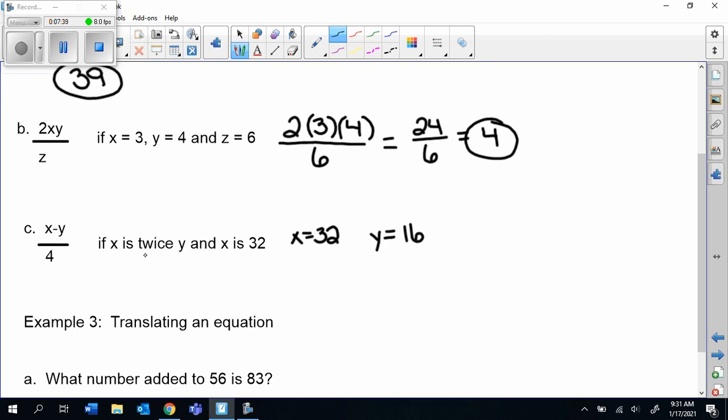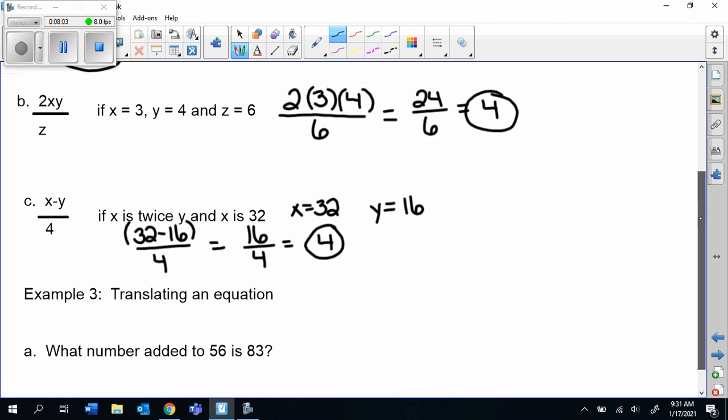And so we can substitute that in. 32 minus 16 over 4. And again, before I divide, I would simplify that numerator. And so 32 minus 16 is 16. 16 divided by 4 is 4. And it is a complete coincidence that both of those turn out to be 4.